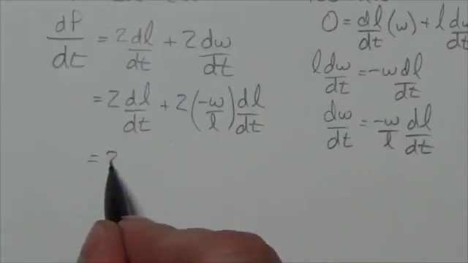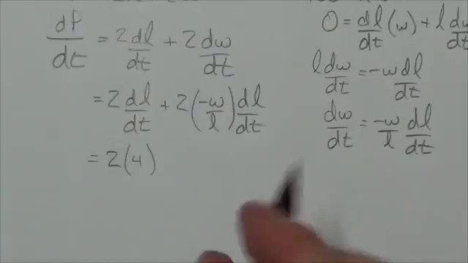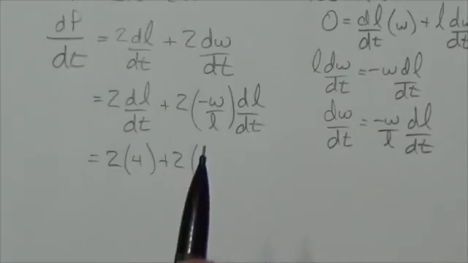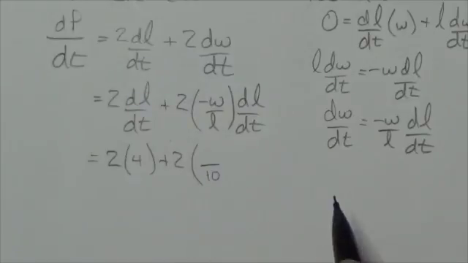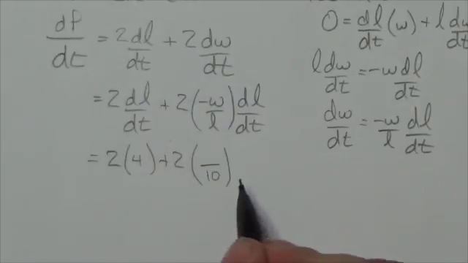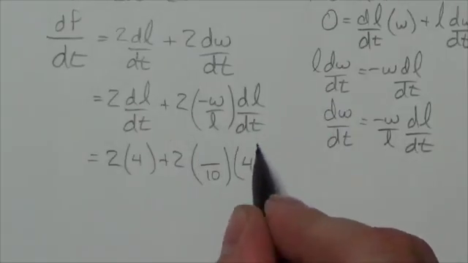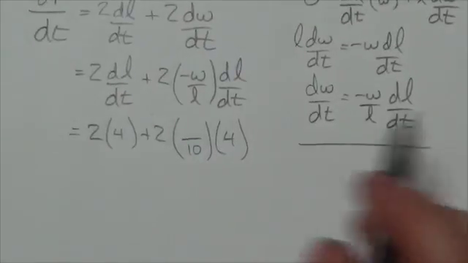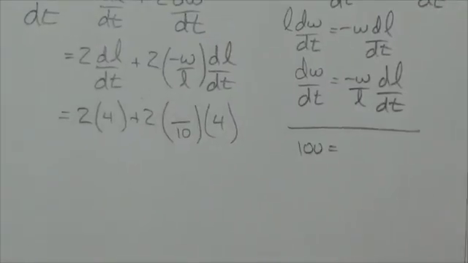So first of all, 2 times dL/dt, which was 4 centimeters per second, plus 2 times, in this case, we know that the length is supposed to be 10. What I don't know is the width here. Again, I know that dL/dt is going to be 4, so the part that I'm missing is the width. But I do know that the area is a constant 100.